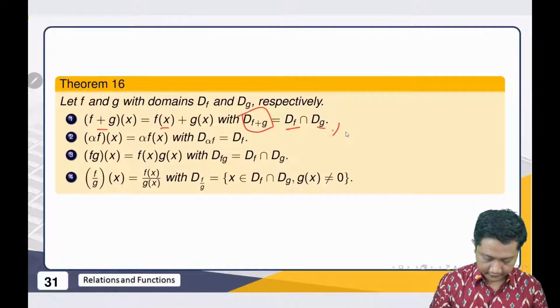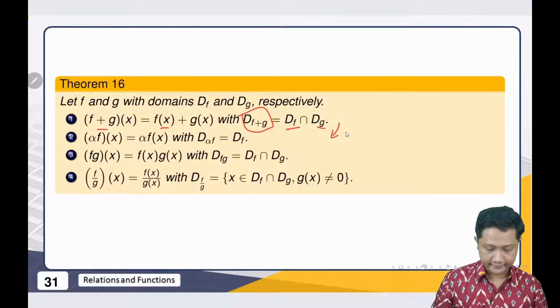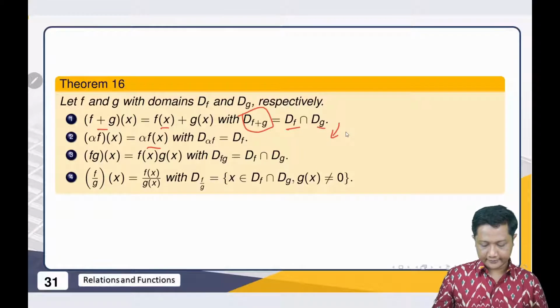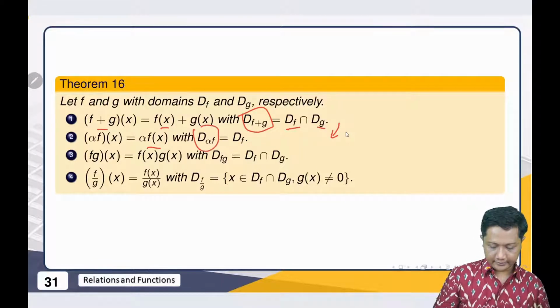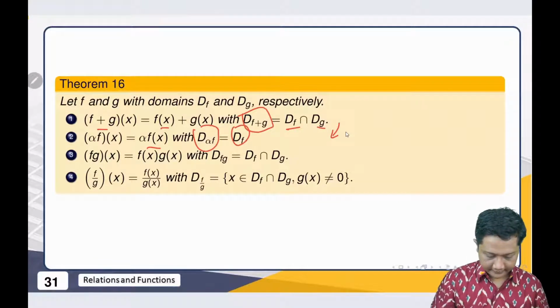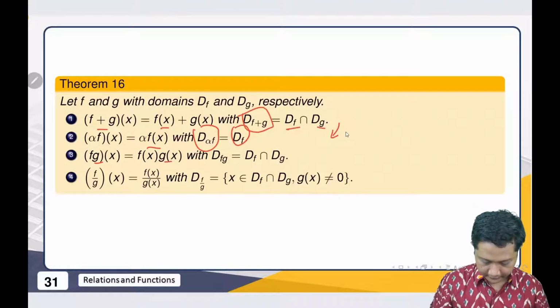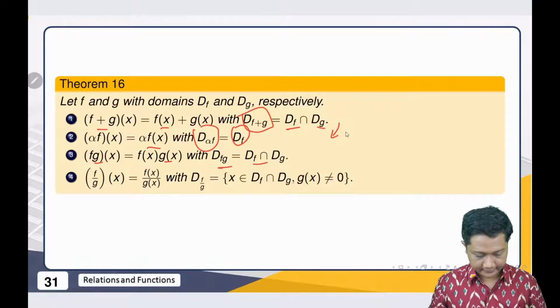The second one is scalar multiplication: alpha times f(x) is equal to alpha f(x), and the domain should be the same. And for the multiplication of two functions, the domain is the intersection of df and dg.